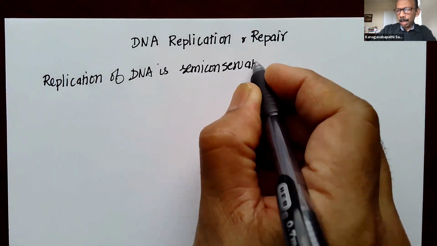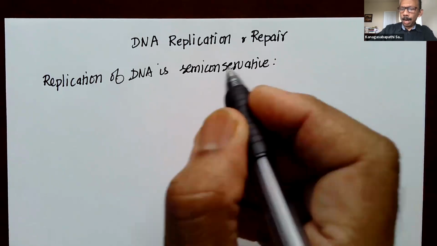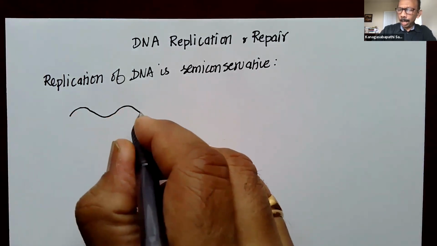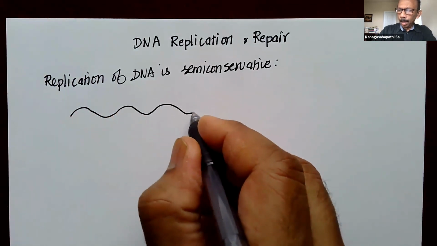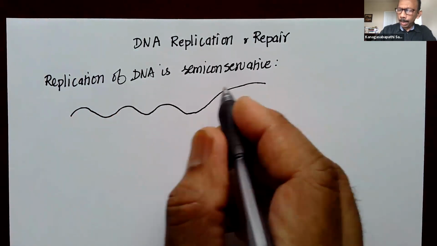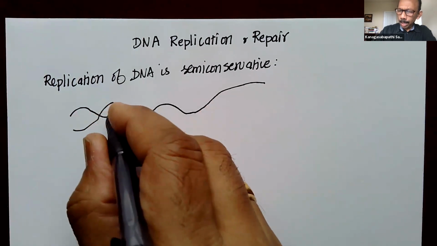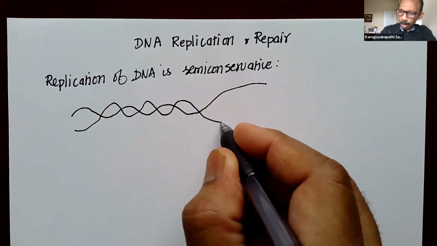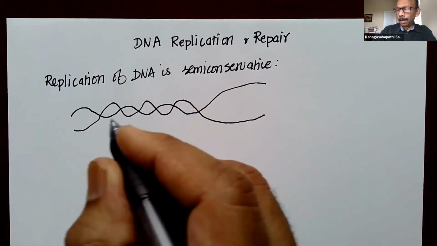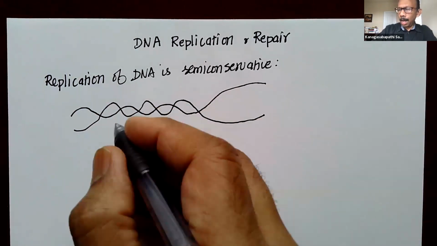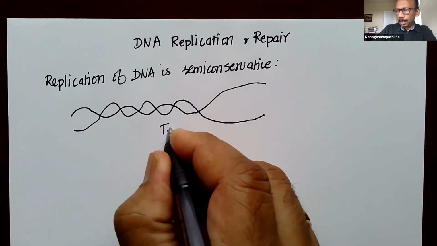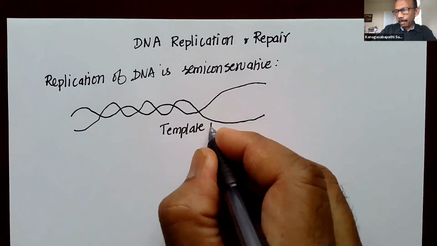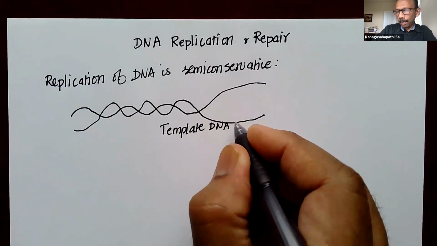When the DNA replicates, if we have this double helix DNA, it opens up when it replicates. That's the only way it can be copied. And this you call the template DNA. That's the original DNA from which it is going to be copied.